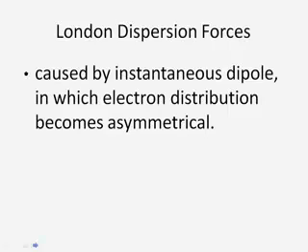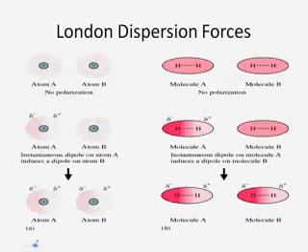Well, basically the way this works is that we have the creation of what they call an instantaneous dipole. If you remember, when we talked about electrons and electron clouds, we discussed the fact that the motion of the electrons is random.